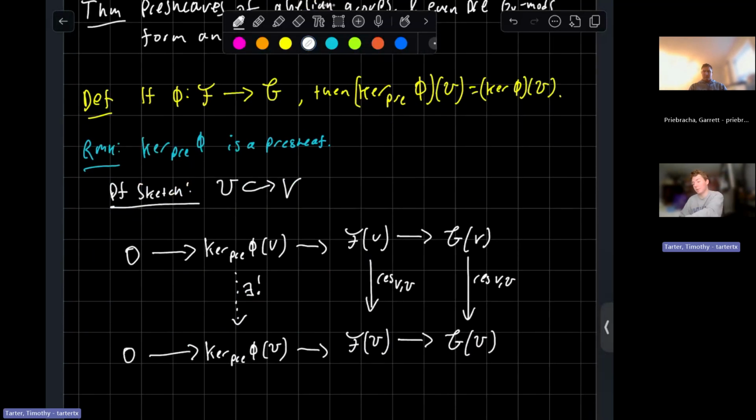We want, and this is a definition I really should be able to just rattle off, sections to exist.